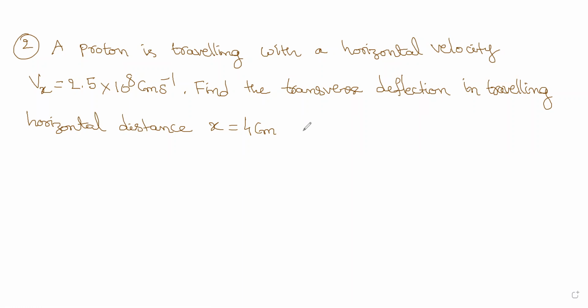In the electric field, Ey is equal to 300 volt per centimeter. It's not volt per meter, it is volt per centimeter. This is very large.